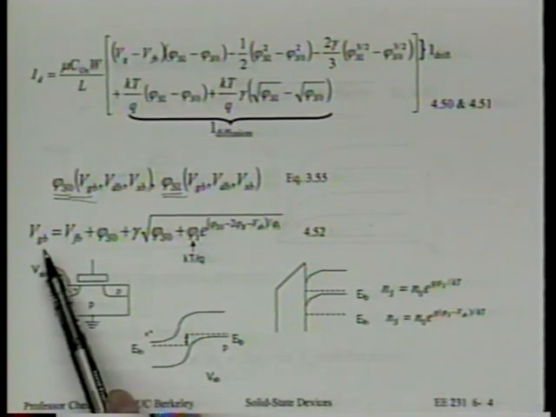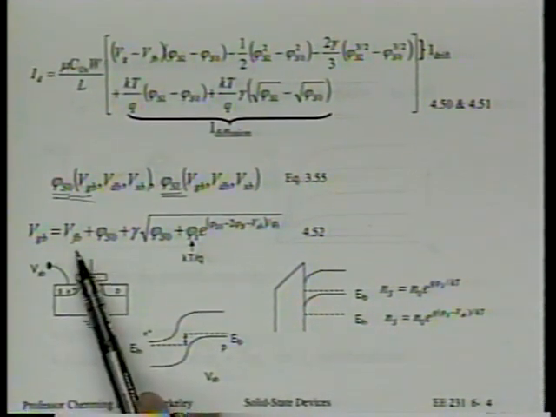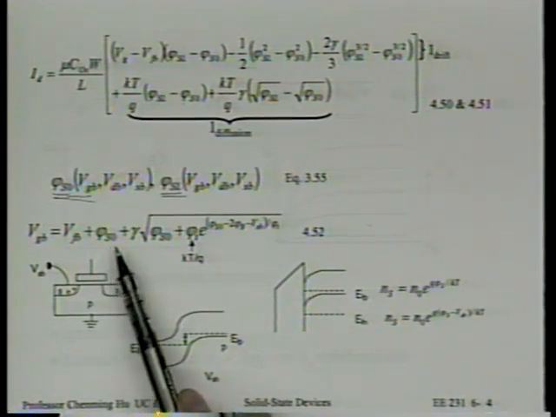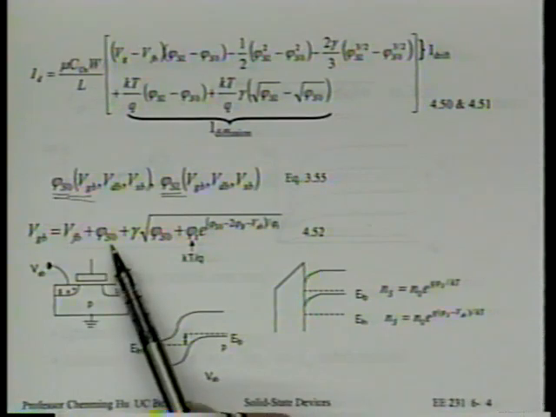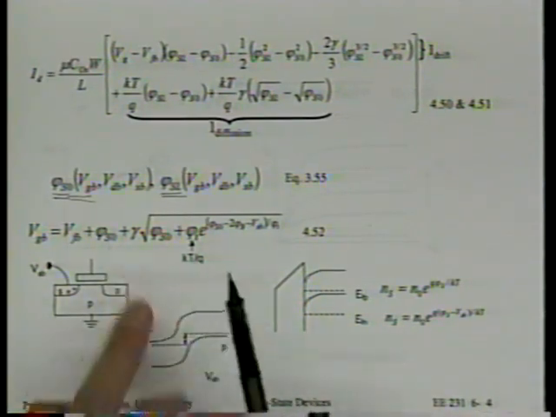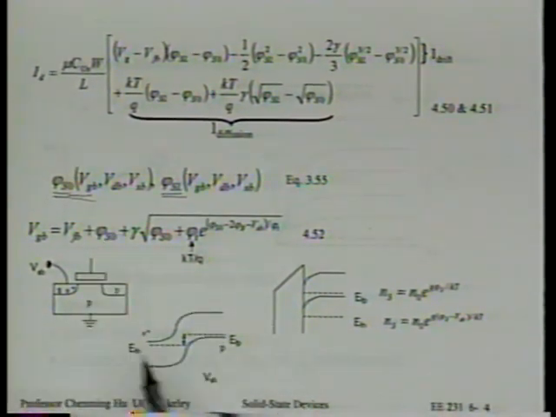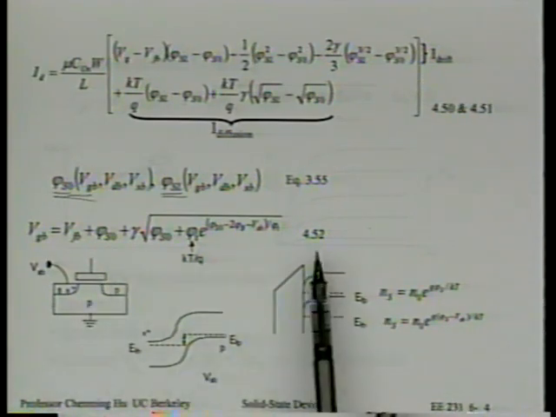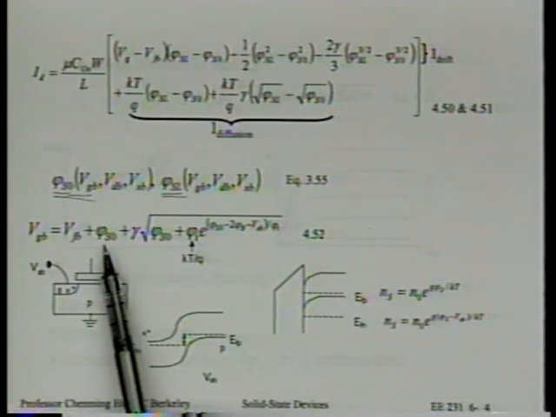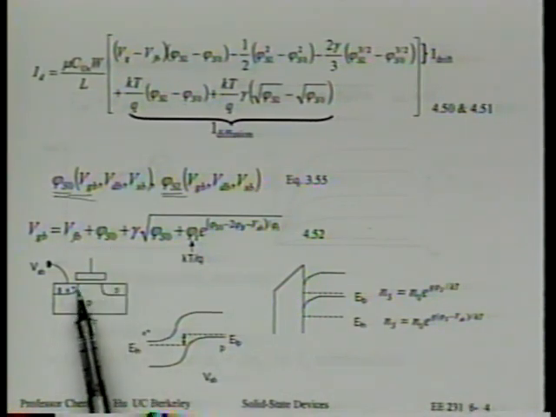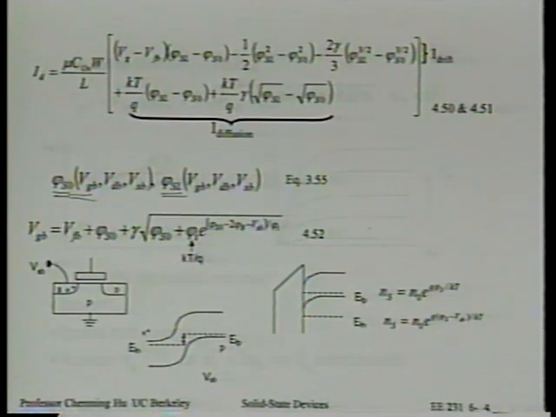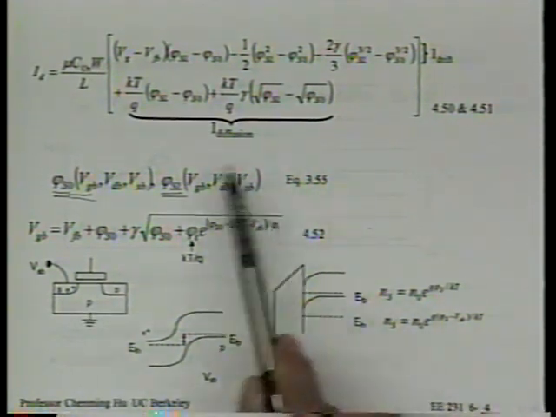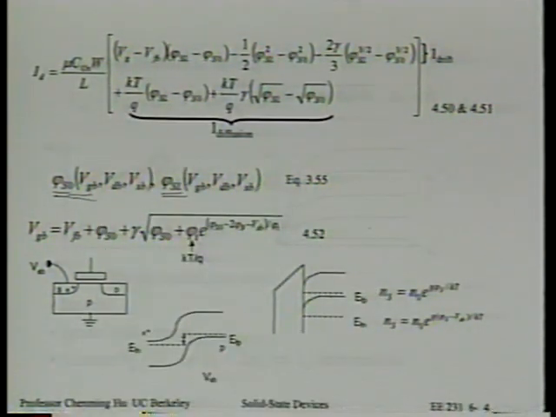So it says VGB is equal to VFB plus phi s0, meaning we're just looking at the source for now. Actually, this is good for any point, by the way. For any VS, phi s, any point y in the channel, this equation is fine. But we don't need to know phi s at any points other than two points: the phi s at the source and the phi s at the drain. Those are the only two phi s values required for us to determine the IV curve.